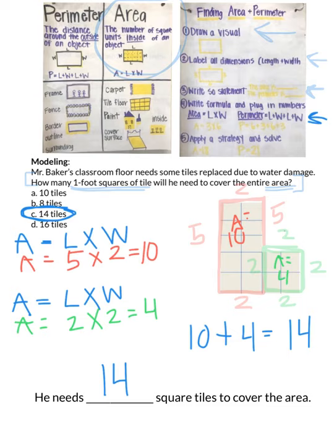So since this shape was given to us on graph paper with all of the square units already drawn out, another way we could have solved this was by just counting the square units. So we can check our work by doing that. 1, 2, 3, 4, 5, 6, 7, 8, 9, 10, 11, 12, 13, 14. So again, we've got 14 square units.